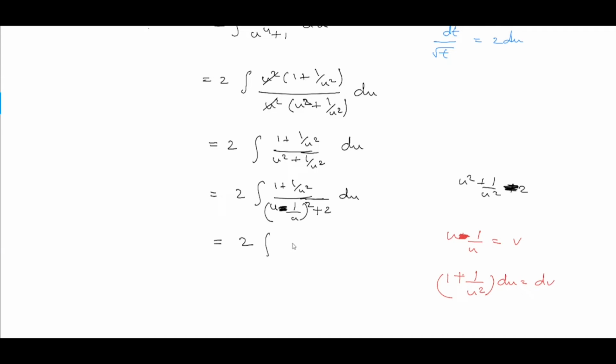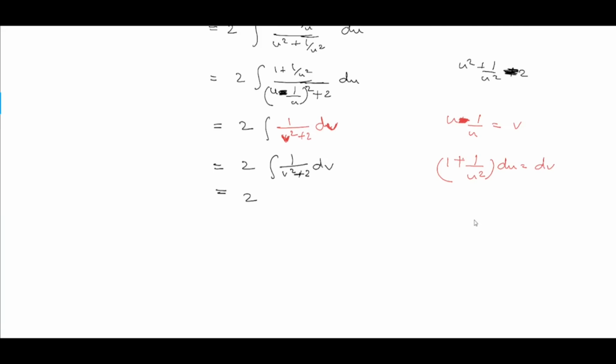So the integral of 1 by v square plus 2 dv; the rest of the numerator just becomes dv. So 2 times the integral of 1 by v square plus 2 dv. In case we have the integral of 1 by x square plus a square dx, it is nothing but 1 by a tan inverse x by a. You can check by differentiating this.